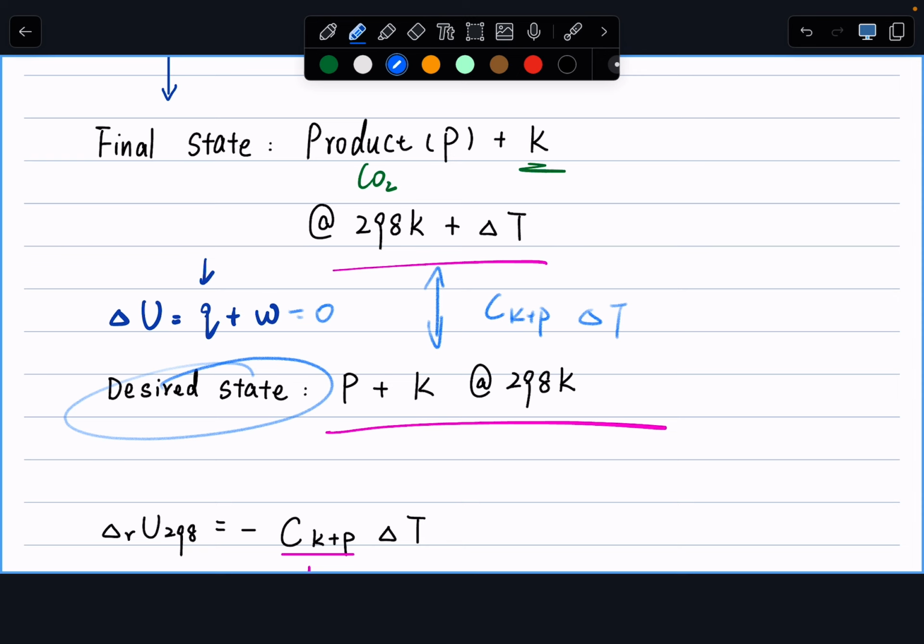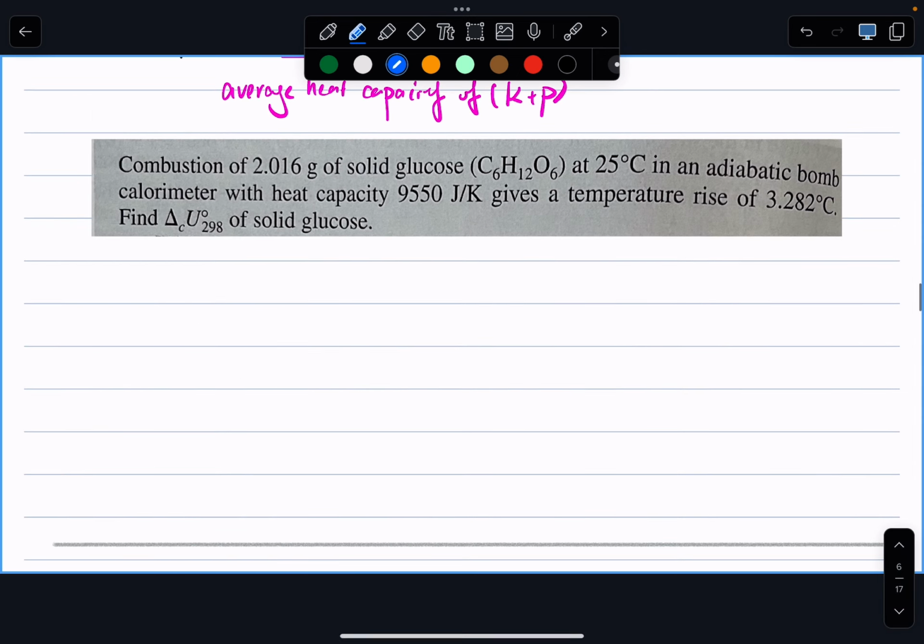So the simple question could be, we ask you to calculate, say, we have combustion of like 2.016 gram of your solid glucose at 25 degrees Celsius in this adiabatic bomb calorimeter, and we give you the heat capacity of the calorimeter and also a temperature rise, and ask you to calculate the standard delta U 298 at 298 Kelvin of your solid glucose.